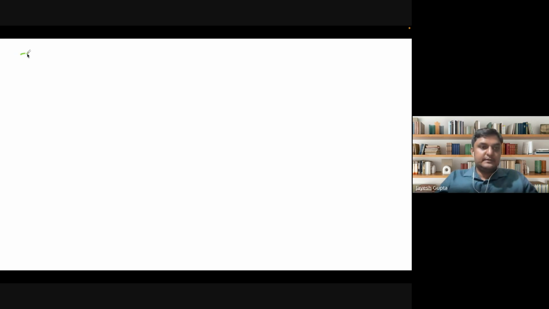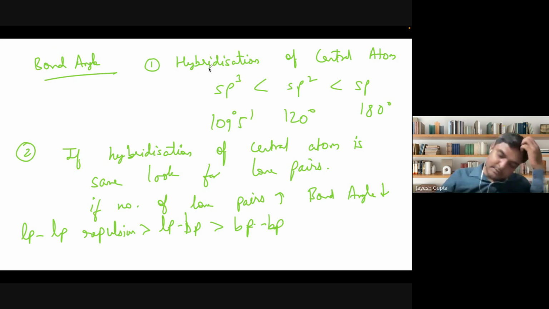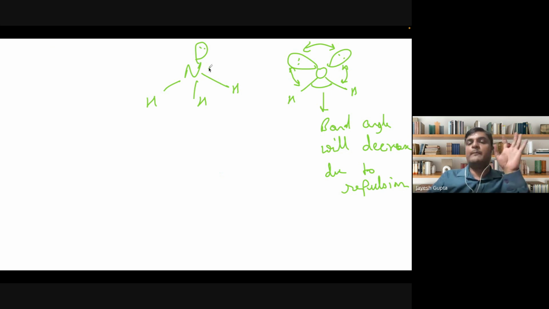Now, third point. First I have taken hybridization and geometry for bond angle. If hybridization is the same, then I will look at lone pairs: more lone pair repulsion, bond angle decreases.